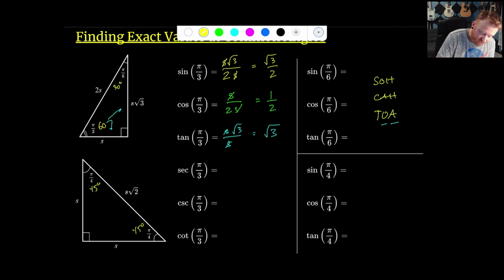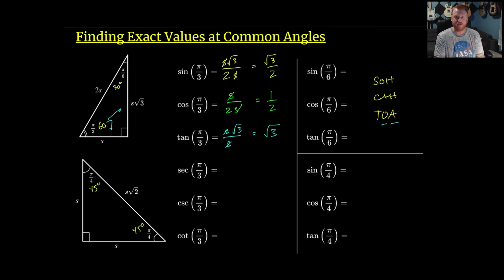So now that we've got the main three here, we get the other reciprocal functions for free. They're not in exactly the same order, I'm noticing now. Remember that the sine and the cosecant are reciprocal functions. So if I'm going to write the cosecant of pi over 3, I take the reciprocal of the sine and get 2 over the square root of 3.